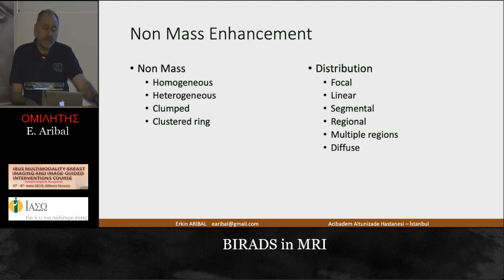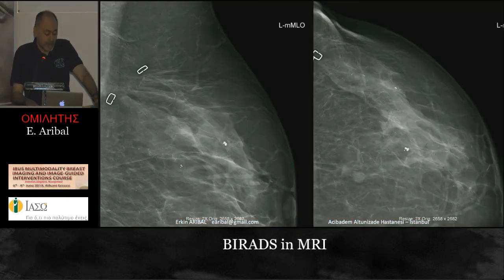So distribution is as important as for the calcification, as earlier Dr. Woodsey has told you. Most of the linear and segmental distribution is suspicious for malignancy. And heterogeneous and clumped contrast enhancement is probably malignant, but homogeneous is not. Clustered ring can be malignant or can be seen in some cases with inflammation.